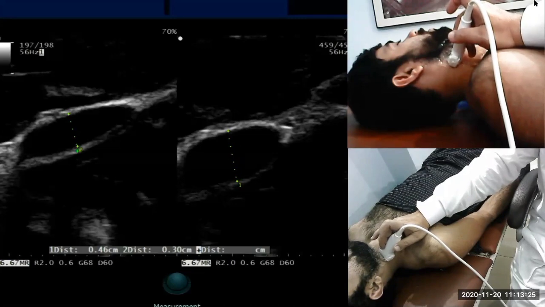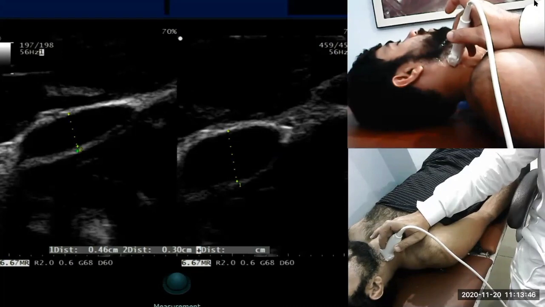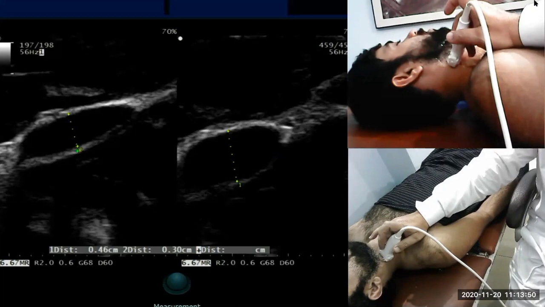You can appreciate the one with Valsalva maneuver is 4.6 millimeter, and the one without Valsalva maneuver is 3 millimeter in diameter. So clearly we can see the same we apply anywhere in the body, whether we are looking upon the inferior vena cava or saphenofemoral junction, etc.